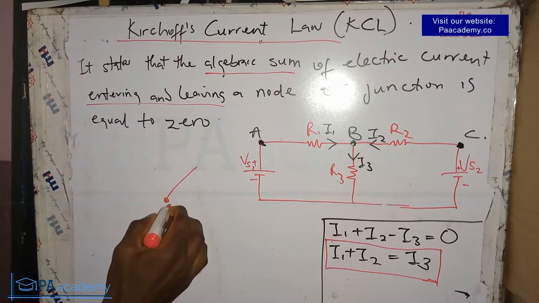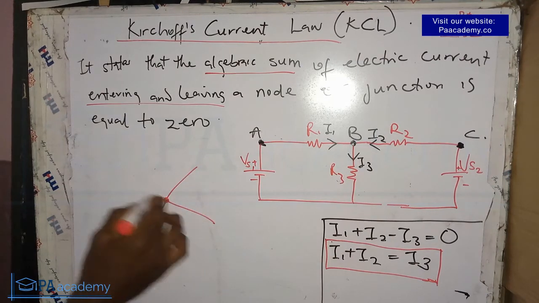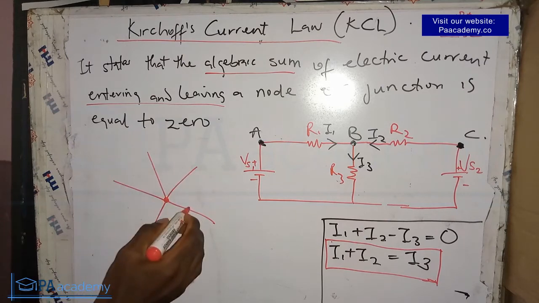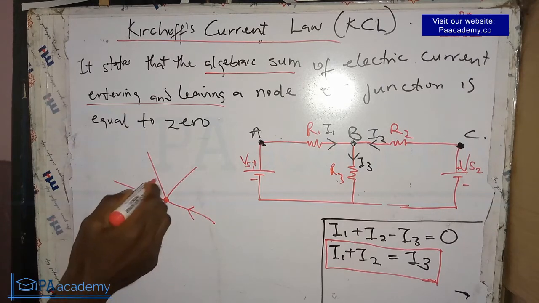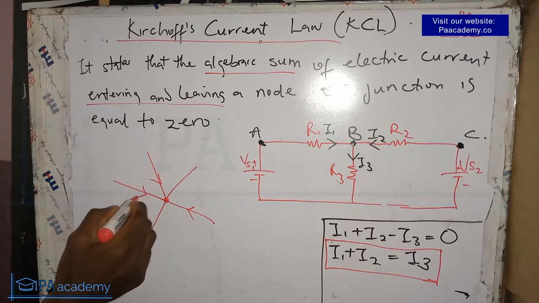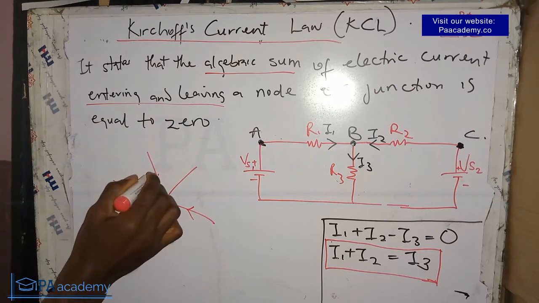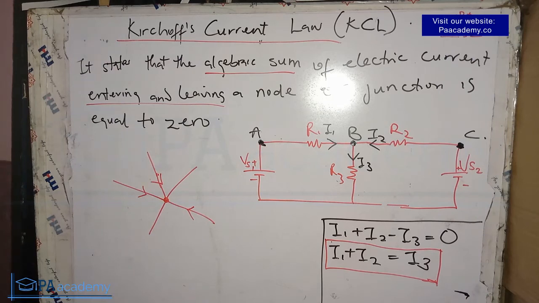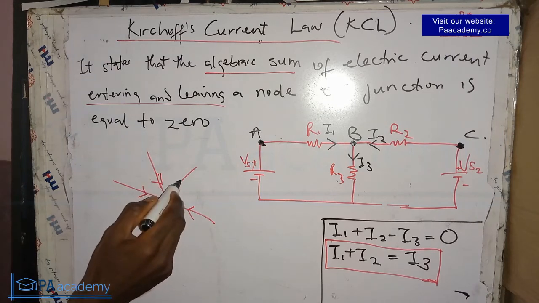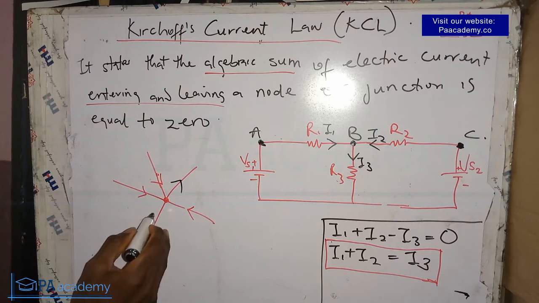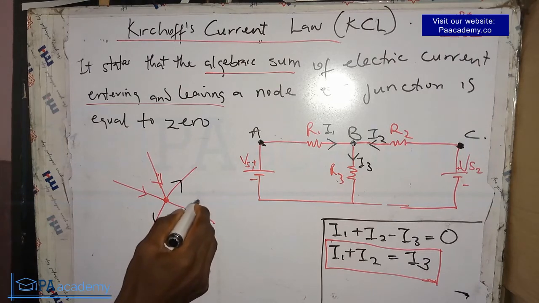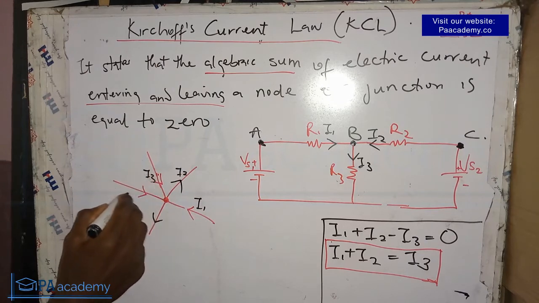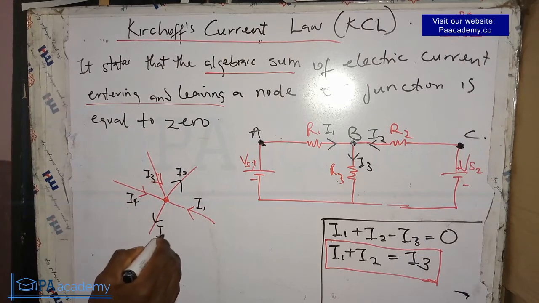Let's say we have a node, and then we have five currents. Let's pick at random: this is incoming, this is incoming, this is also incoming, and the remaining two are outgoing. So let's say this is I1, I2, I3, I4, and then I5.